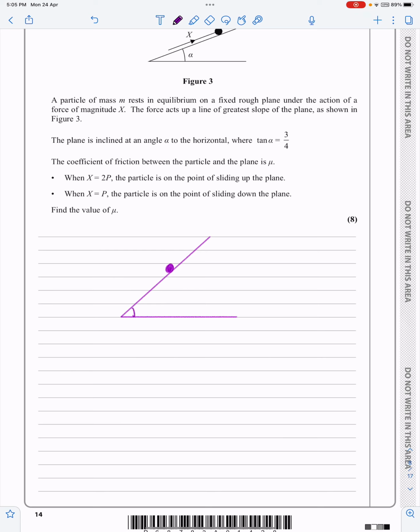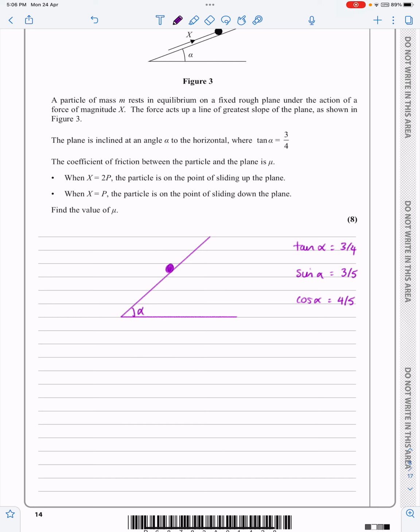We know the angle alpha, where tan alpha equals 3/4, and straight away I'm going to say what sine alpha and cos alpha are: sine alpha is 3/5 and cos alpha is 4/5. If you need to, you can draw out the 3, 4, 5 right angle triangle to work those out. I've done enough of these to be able to do this.